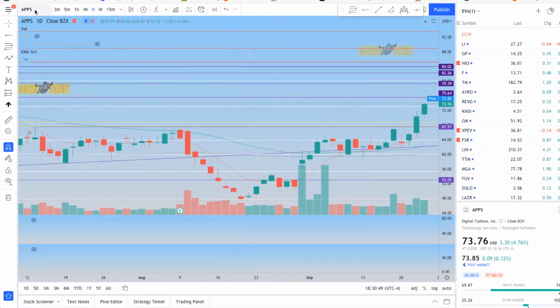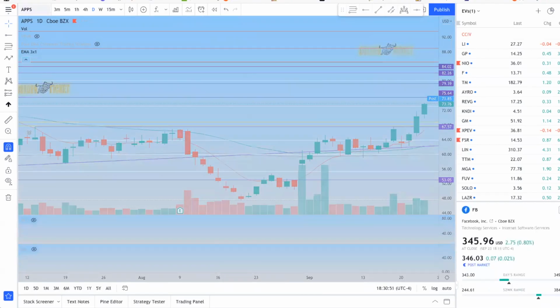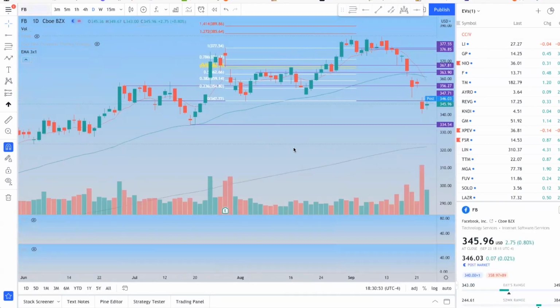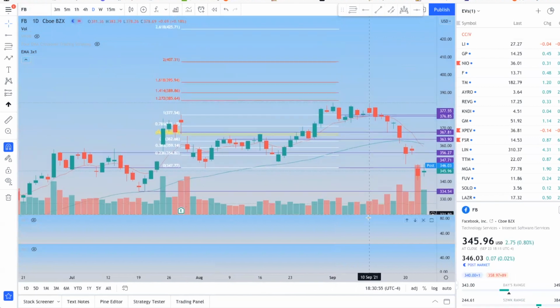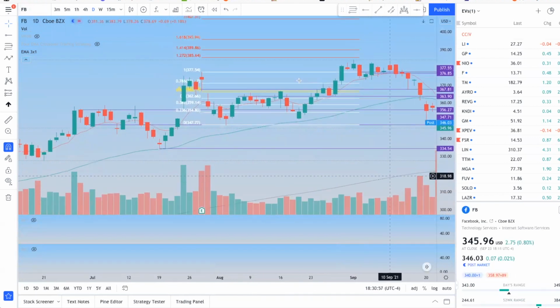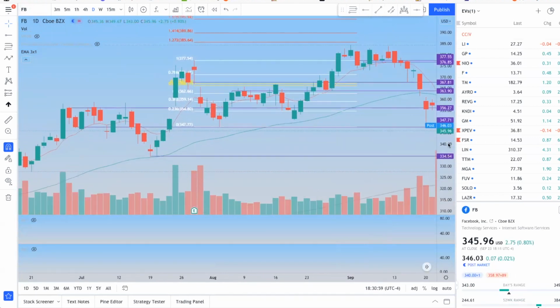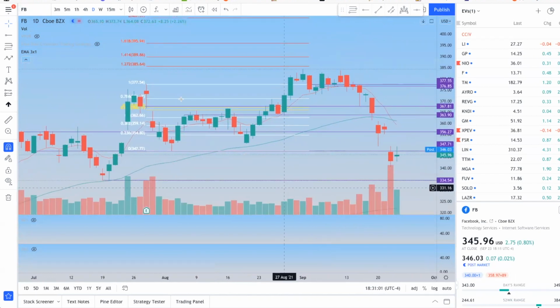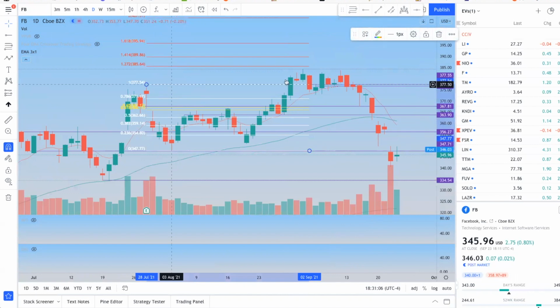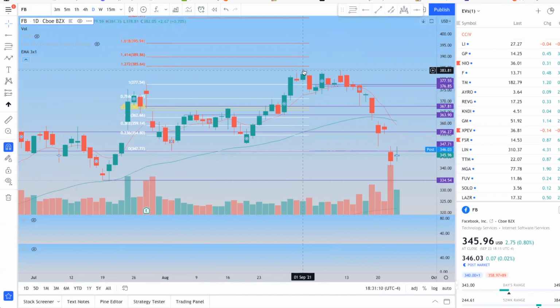So if you go to Facebook, I think I got a pretty good one. Was it Facebook? It wasn't, but we can still use this one. See, I got my levels right here, my golden pocket, and that was my first target. It didn't get hit, but I still made money on that trade, so that's fine.